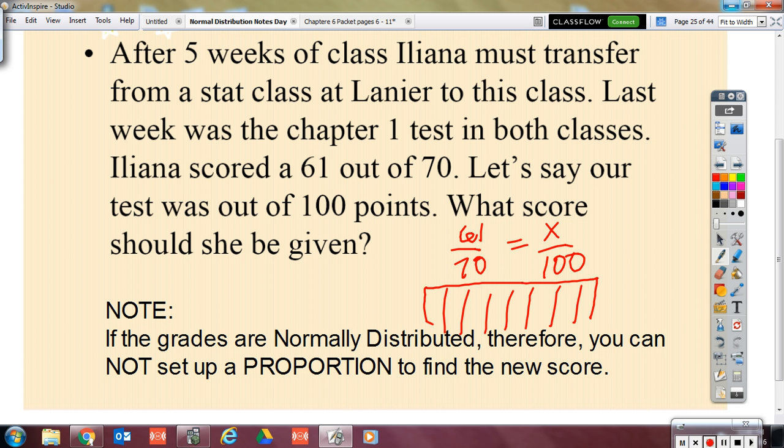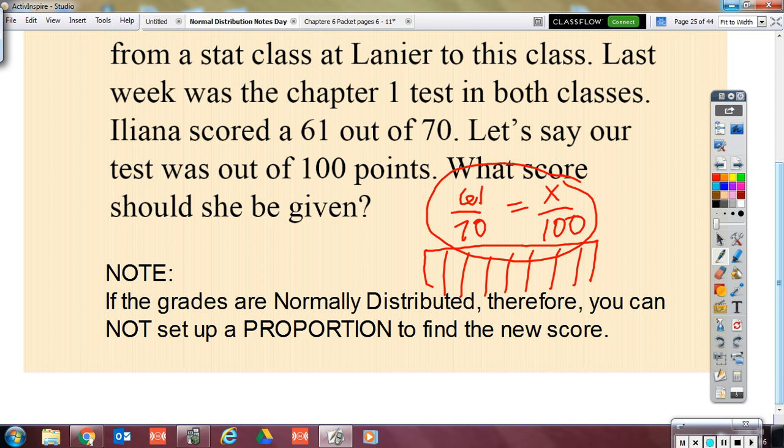No. So that is why this is not an ideal representation of how to get her comparable grade at another school. Now, do I think I'm going to do that on a test? No. If I was doing a whole GPA or that kind of thing, this could be something I would want to consider. Since the grades are most likely normally distributed, we need to address that.